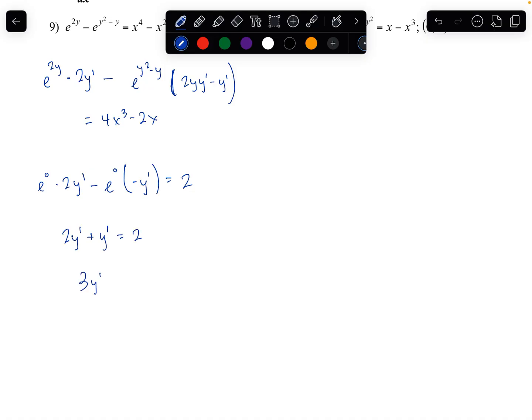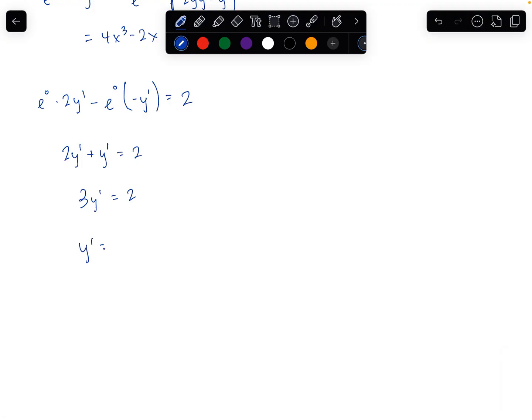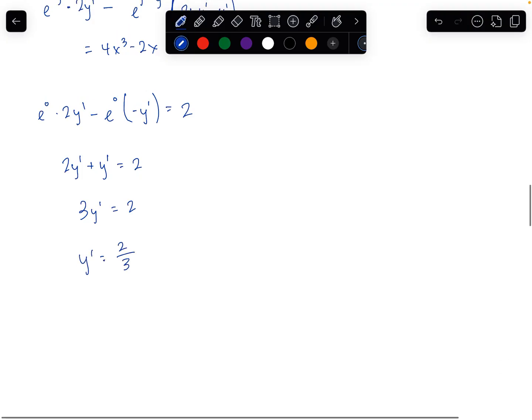That's 3y prime equal to 2, so y prime will be equal to 2/3.